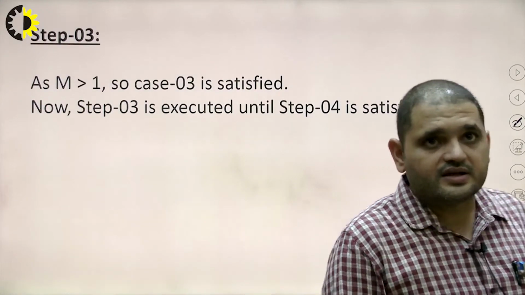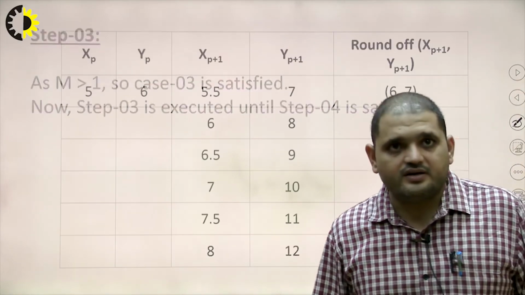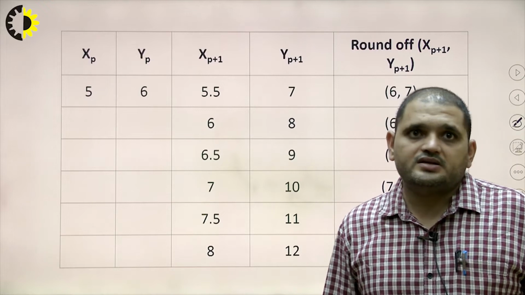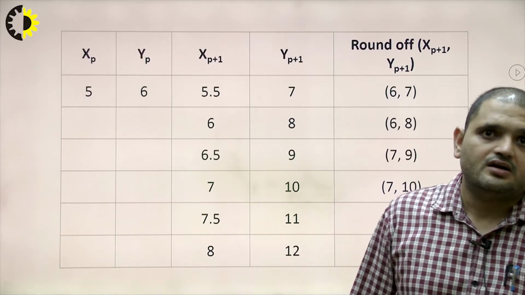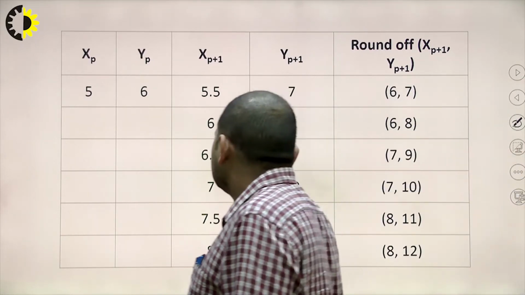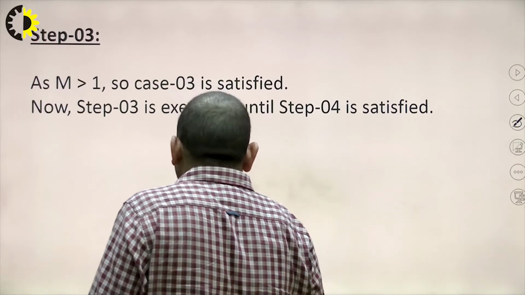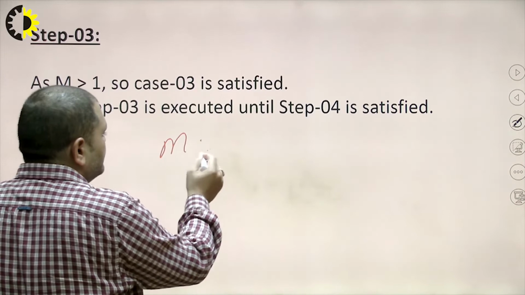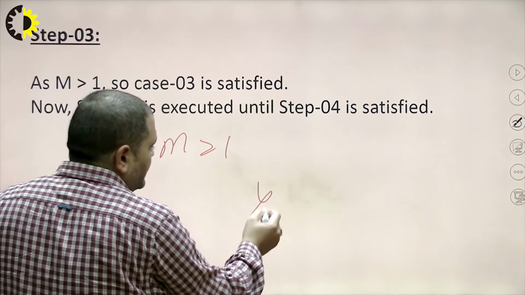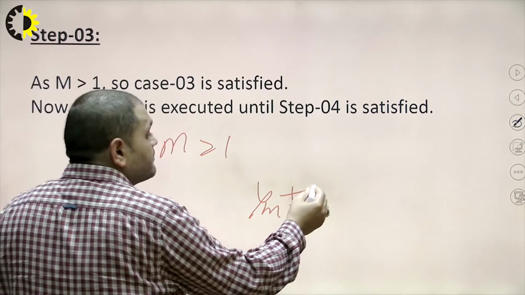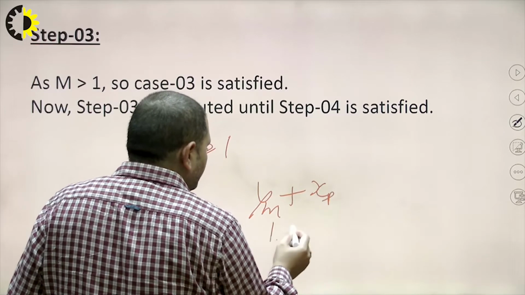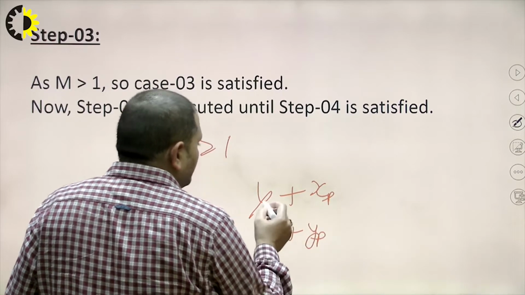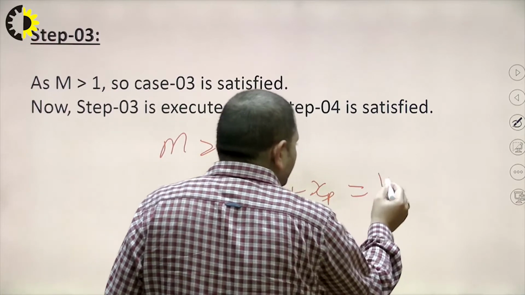Now as m is greater than 1, case 3 is satisfied. So using that case we can find out: what was the case? When m is greater than 1, then we have to add 1 by m plus xp and 1 plus yp. 1 by m means 1 by 2.